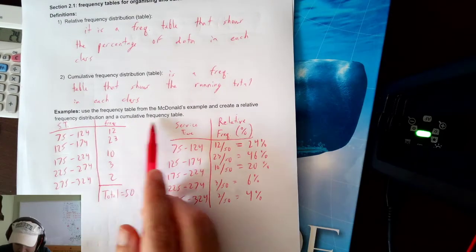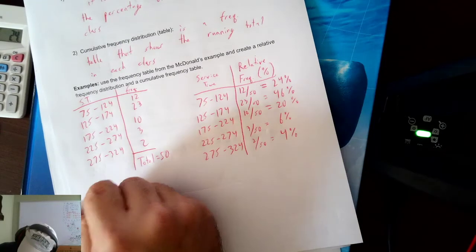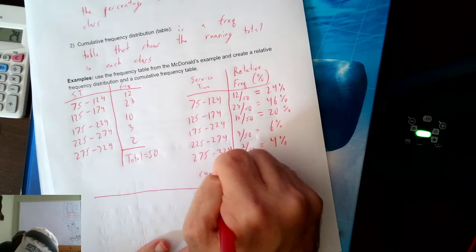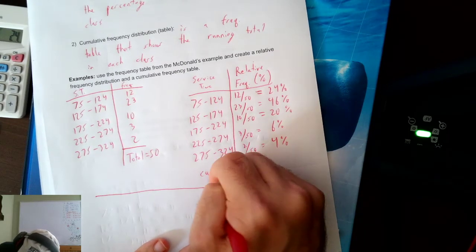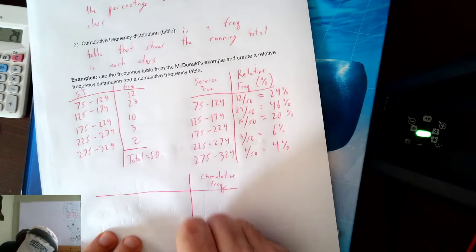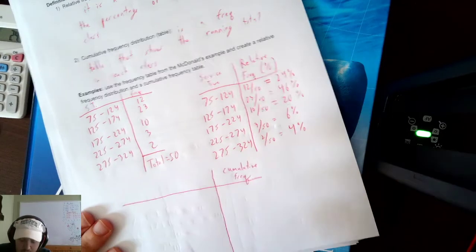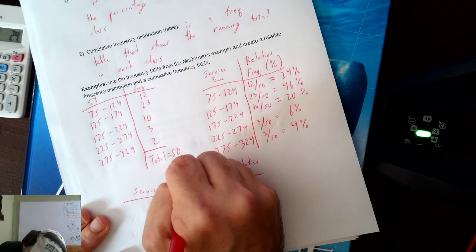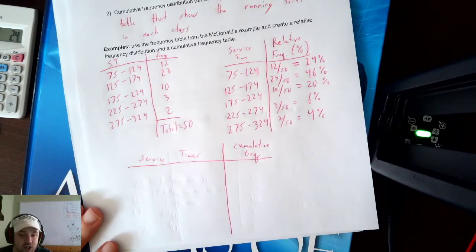How about cumulative? Well, for cumulative, we're going to put cumulative frequency here. And then here, we're going to put service times. But my categories are going to change.